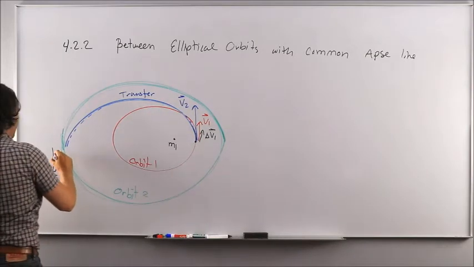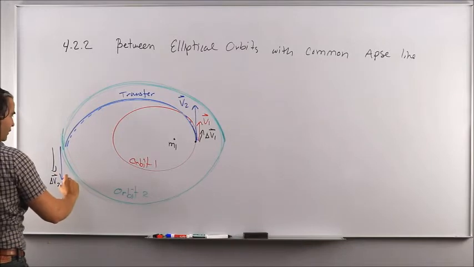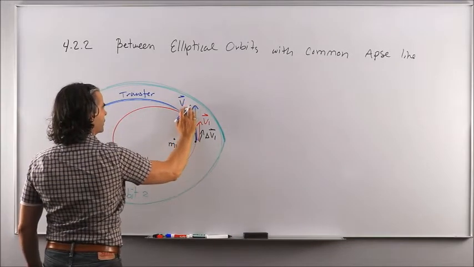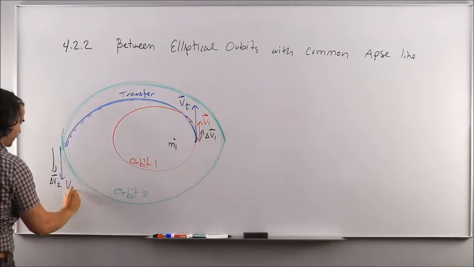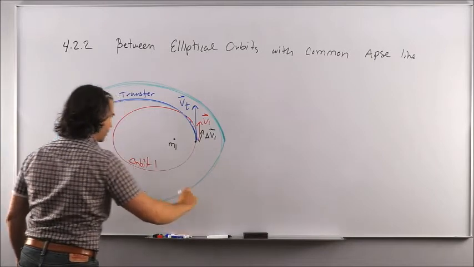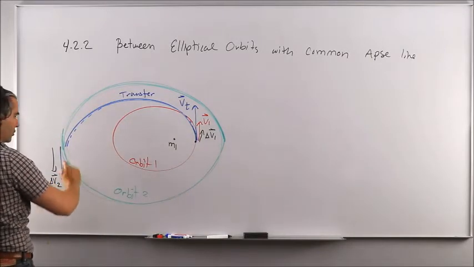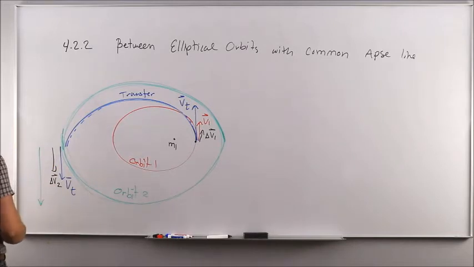And here, let's say I have V transfer at that point, another V transfer, but at this point. And then obviously because the largest of all these 3 orbits is orbit number 2, it's going to have the largest speed at that point.